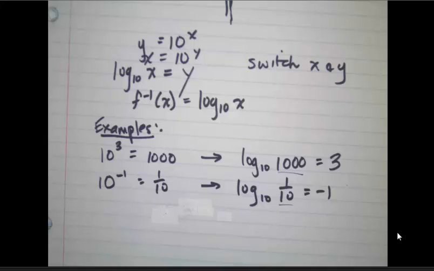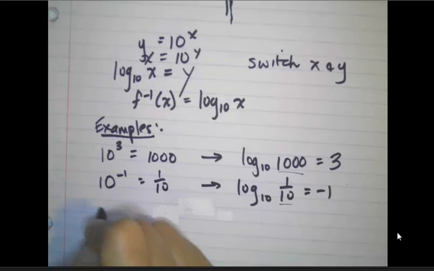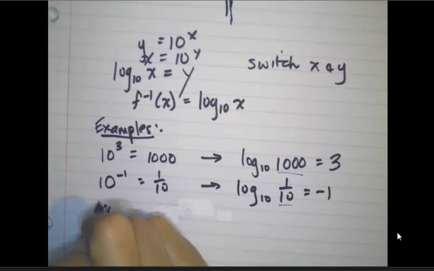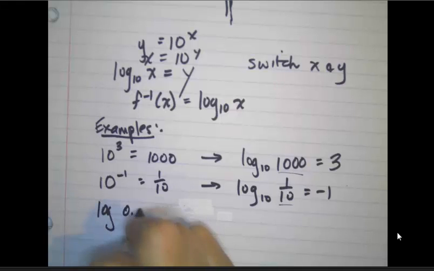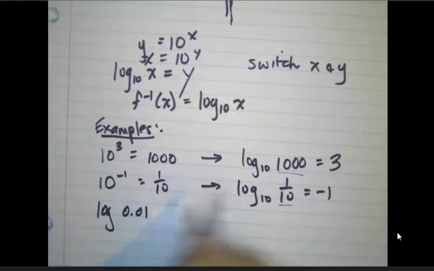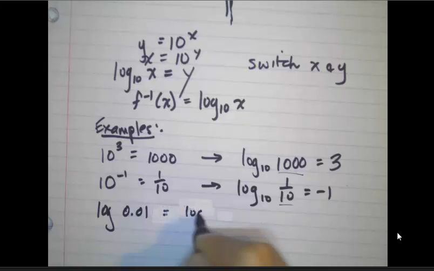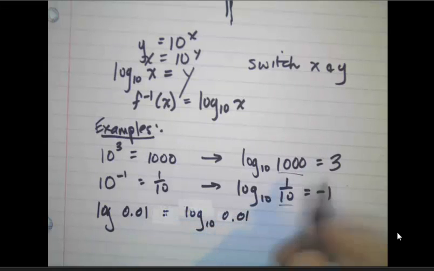If no base is indicated, then we can assume that it means base 10. For example, log of 0.01 we can assume means log base 10 of 0.01.